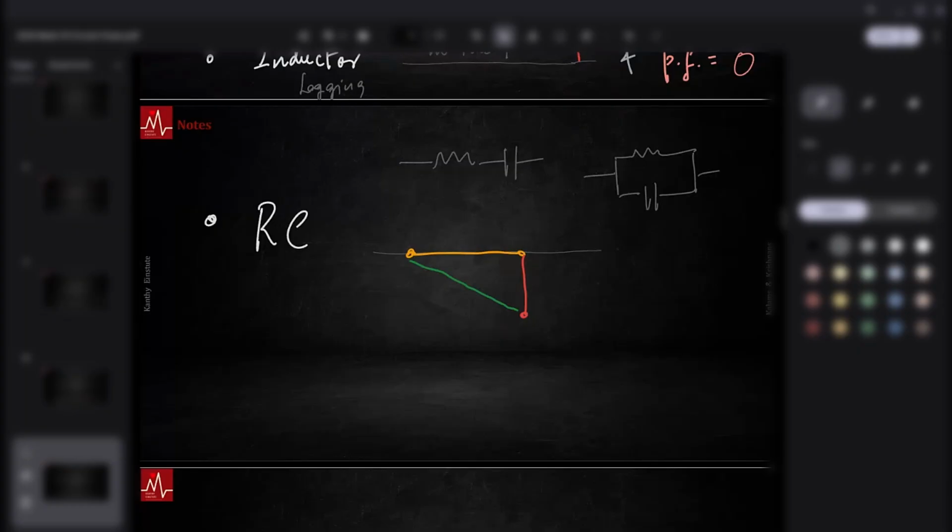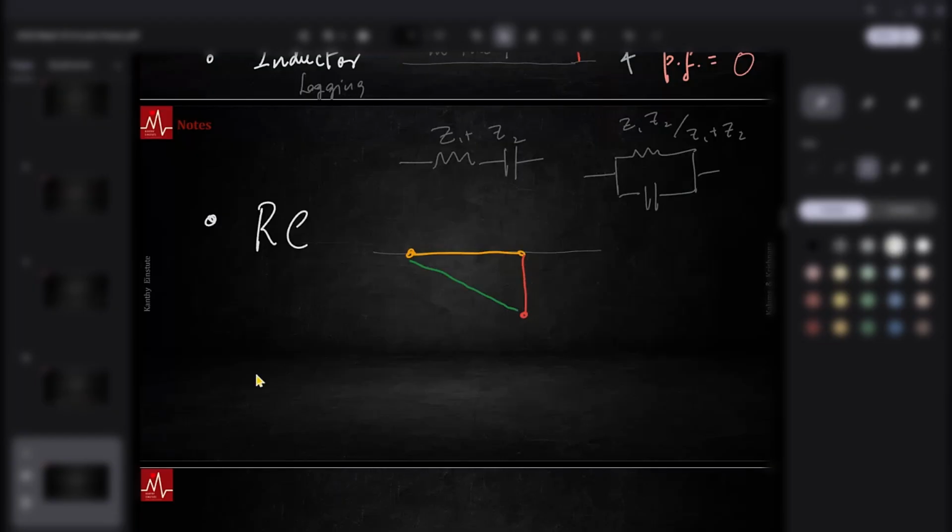But here the impedances add up. Here the impedances are harmonically averaged. So the imaginary part, real part, will differ. The power factors will differ, but it's going to be a downward facing triangle.